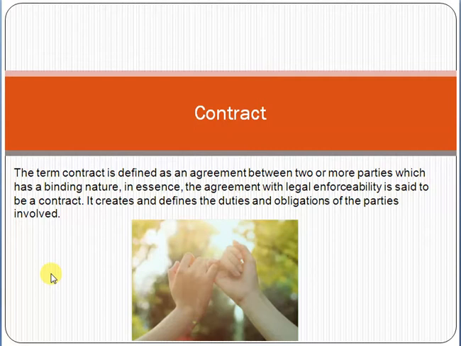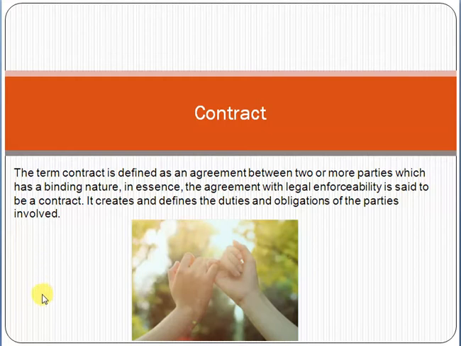So now, friends, the term contract is defined as an agreement between two or more parties which has a binding nature. In essence, an agreement with legal enforceability is said to be a contract. It creates and defines the duties and obligations of the parties involved. One very important point here is that there is legal binding, legal enforceability as well.